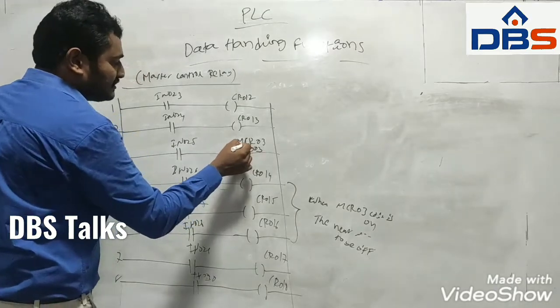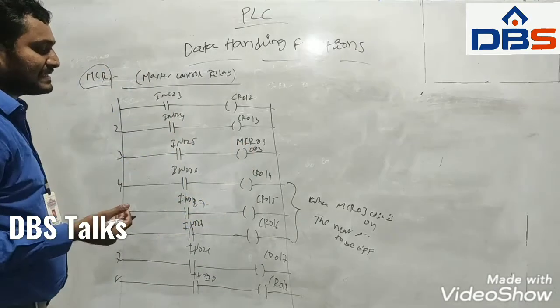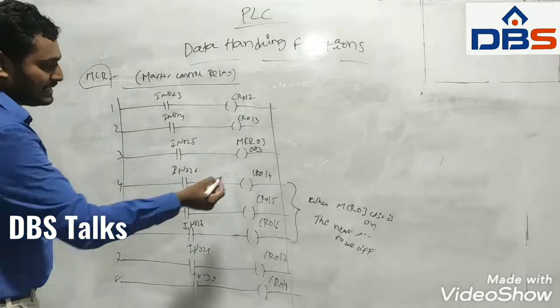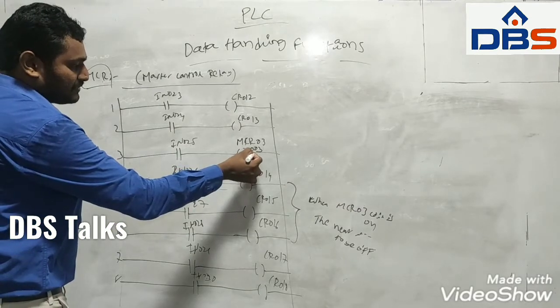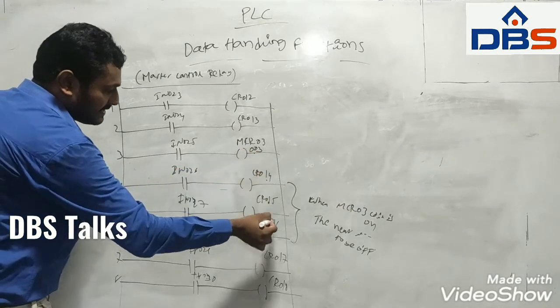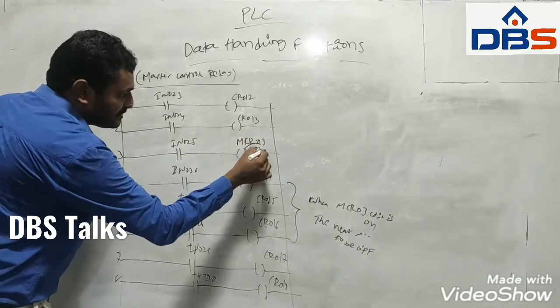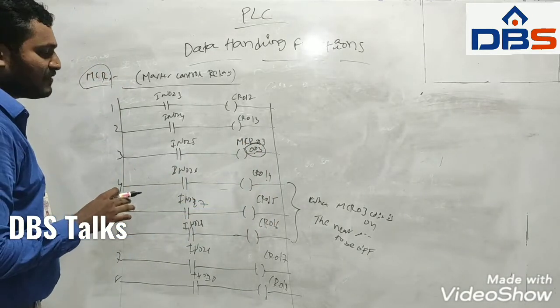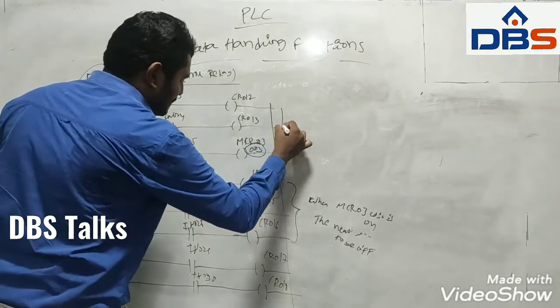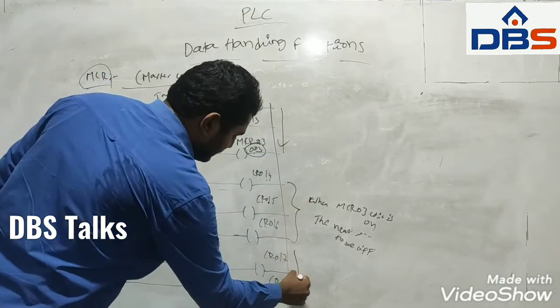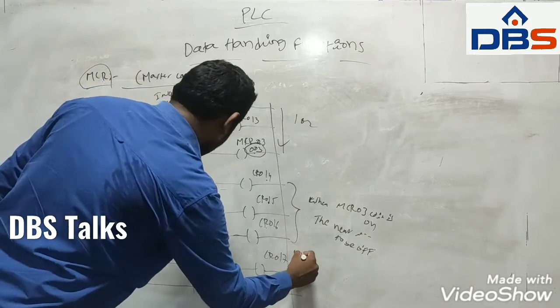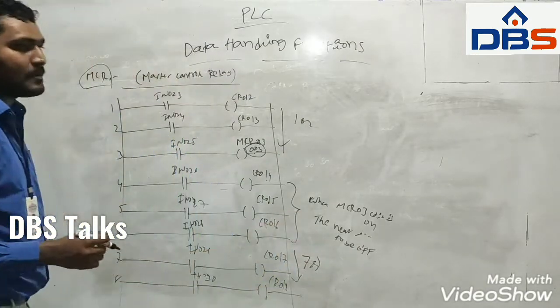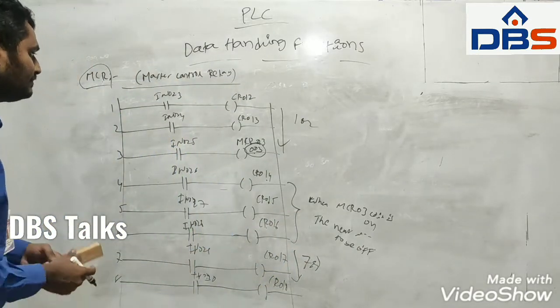This function is used to turn off the next lines of the program. When the program encounters the MCR function, the next 3 lines are in the off position, because I am taking the 003 condition. The remaining lines 1, 2, 7 and 8 operate normally in the MCR function.